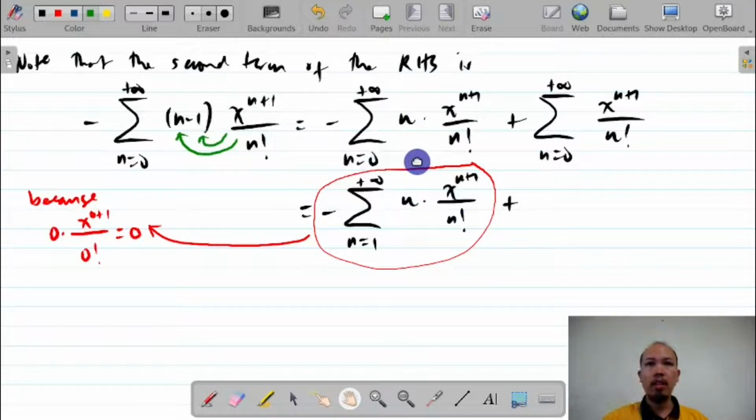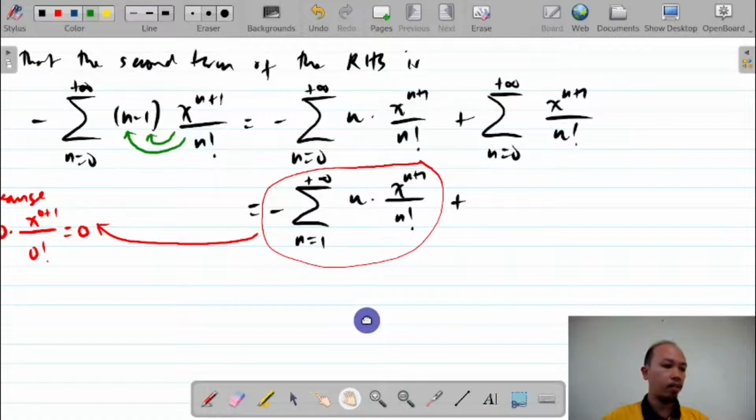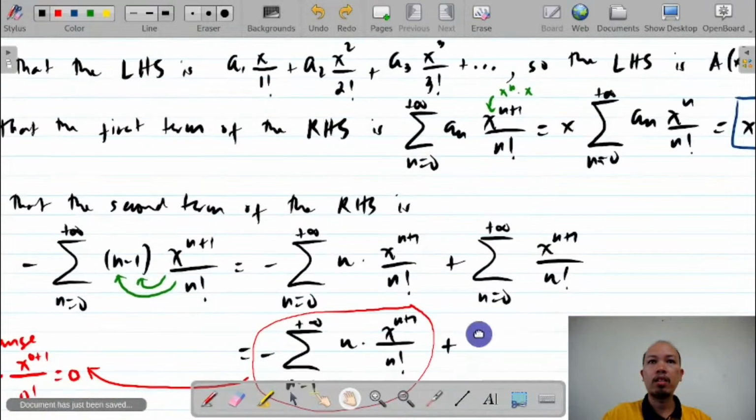Okay? And the second term, we can factor out x, by the same argument as this one here.